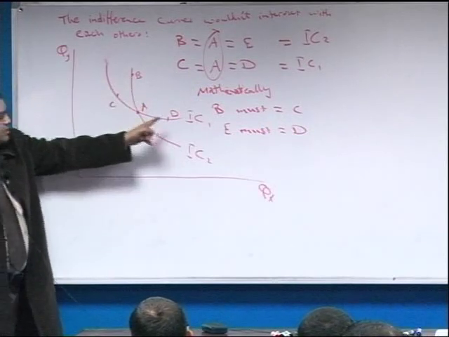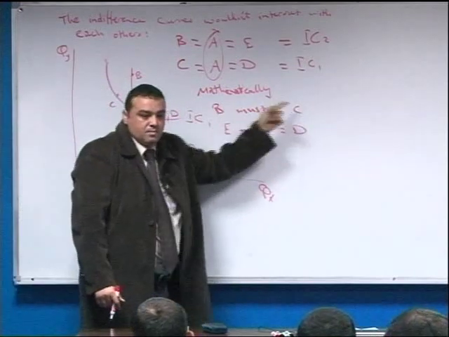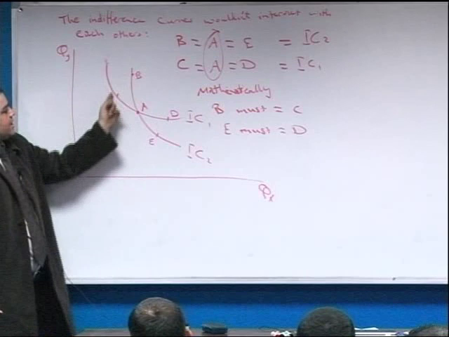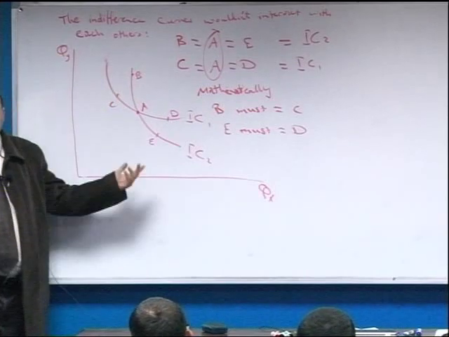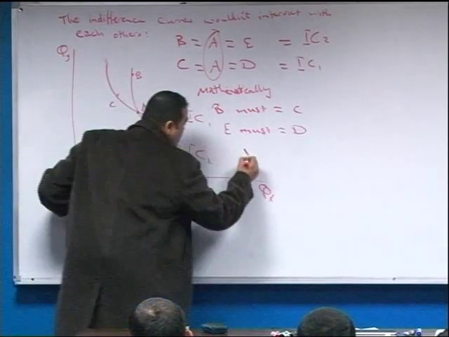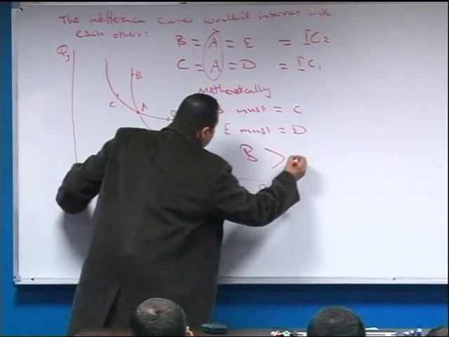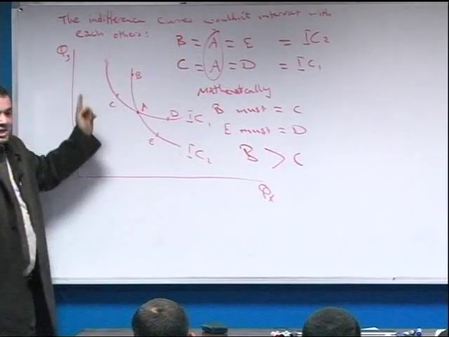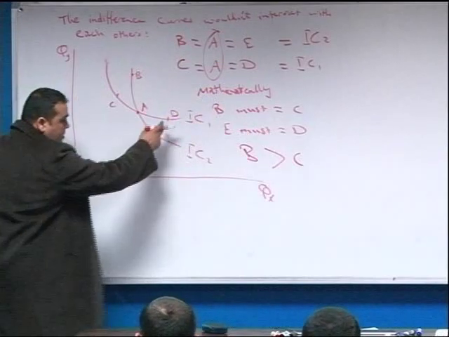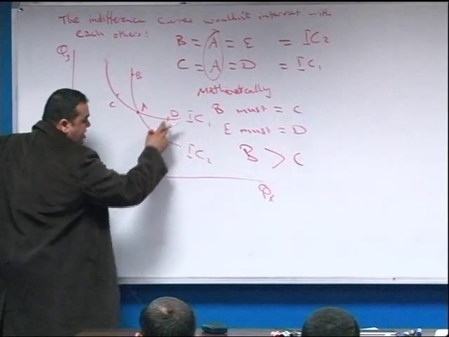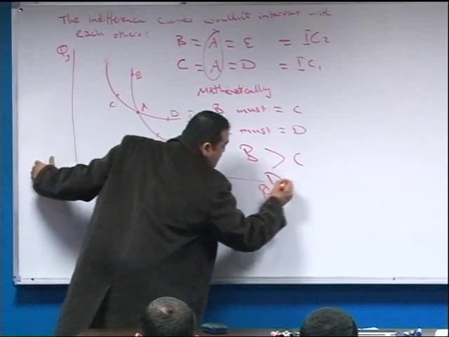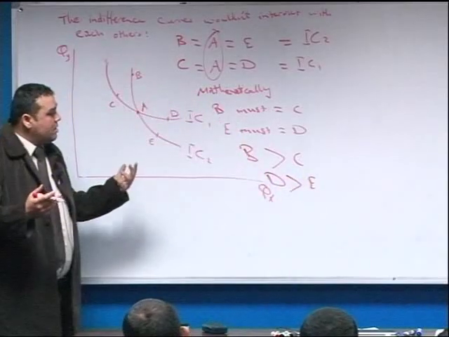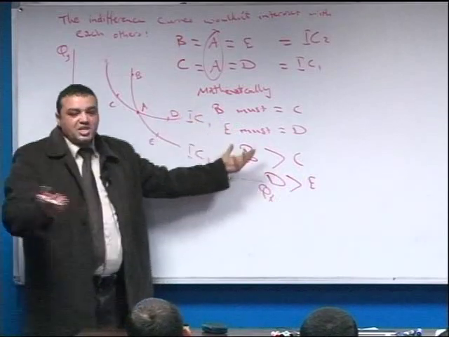Do a comparison between B and C. B gives larger utility than C. So B is larger than C because it gives the consumer larger utility than C. D is larger than E. So it's illogical.